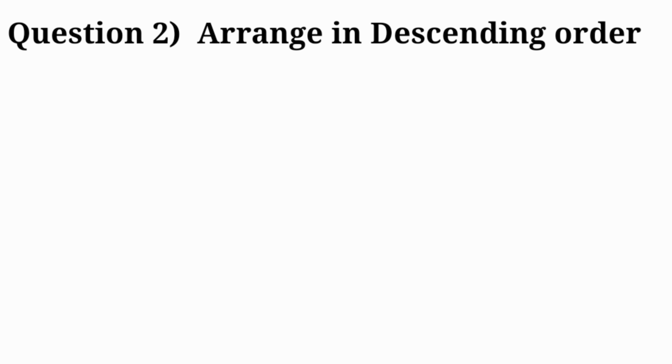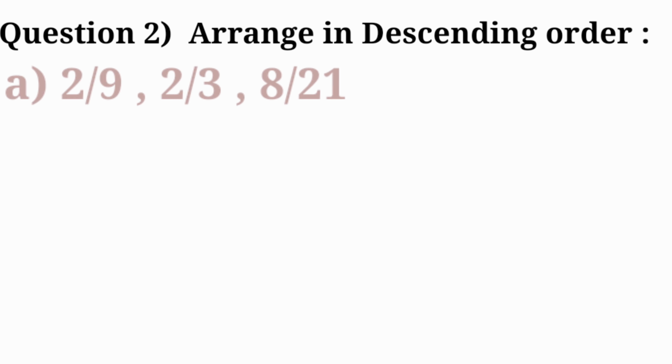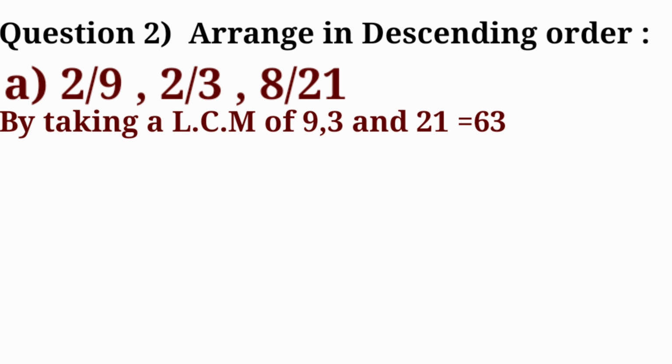Arrange in descending order. A part we have 2 by 9, 2 by 3, 8 by 21. So before arranging these numbers into descending order, we have to make all the denominators same. So let's take the LCM first. 9, 3 and 21. LCM is 63. So this 63 will be the denominator for all the terms.